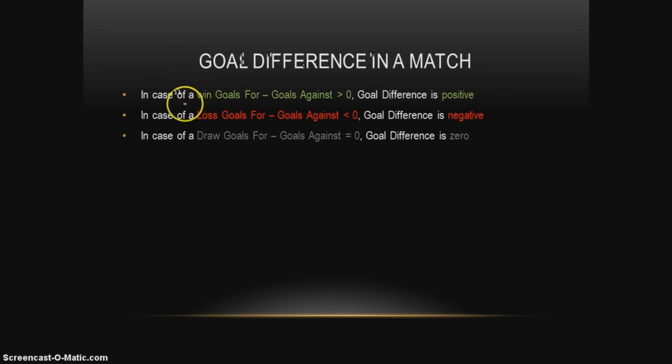Next concept is, in case of a win or a loss for a team, what happens to its goal difference? So let's say once again we take the same result. A defeats B by 2-1. In this case, goal difference of A, that is goals scored minus goals conceded, is 2 minus 1, equal to plus 1.